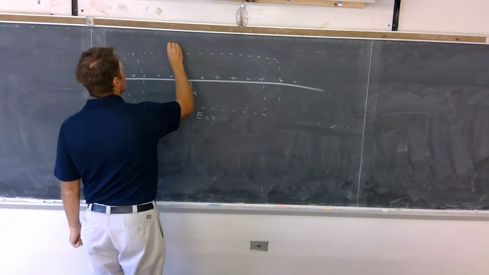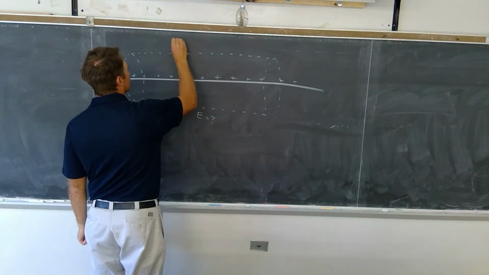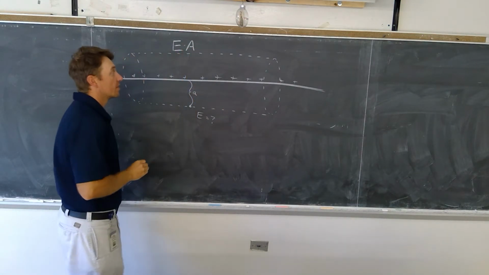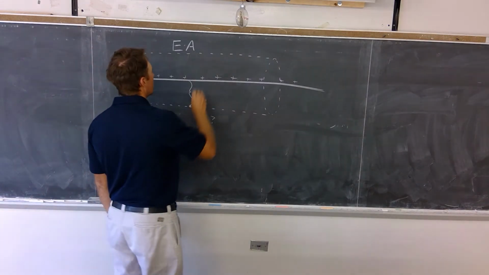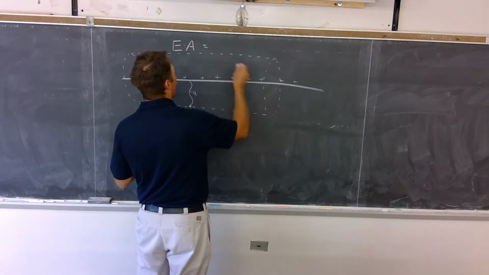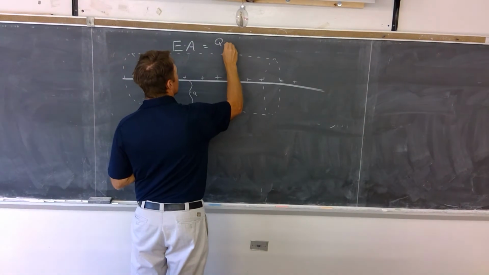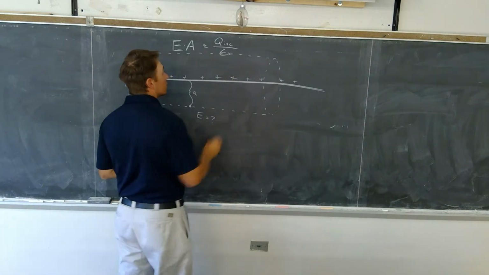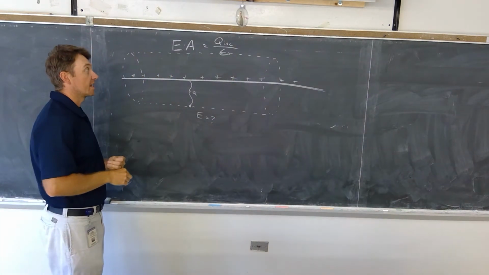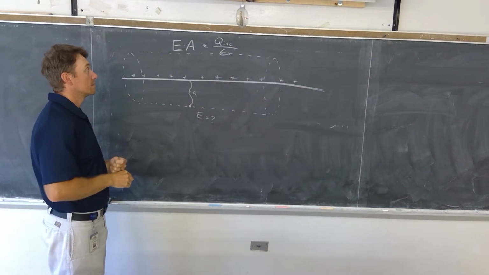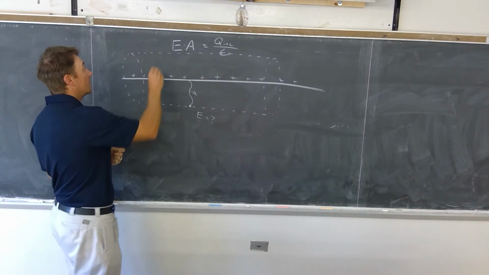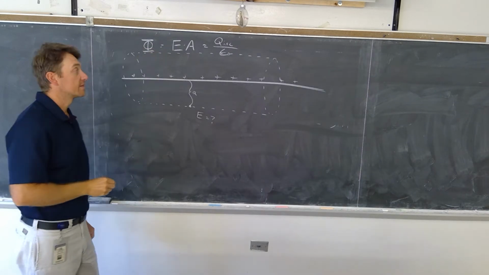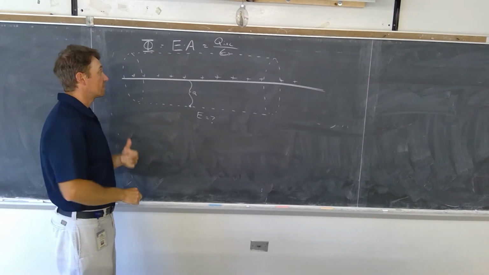One, I could simply take the electric field strength times the area of that surface, or I could take the charge that's enclosed inside that surface and divide it by epsilon naught, which is just a constant, 8.85 times 10 to the negative 12. Either way, this equals what we call electric flux. And that is Gauss's law.